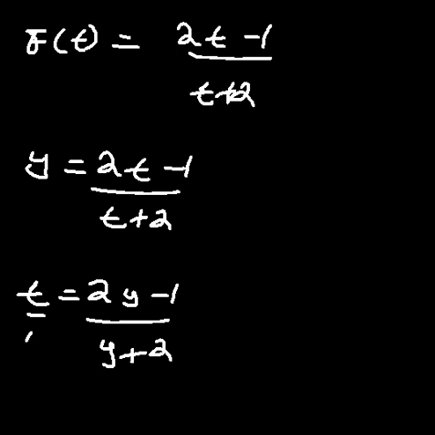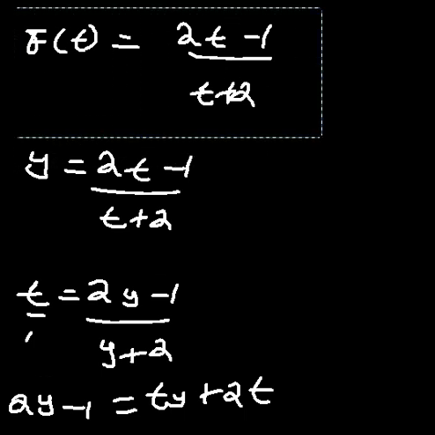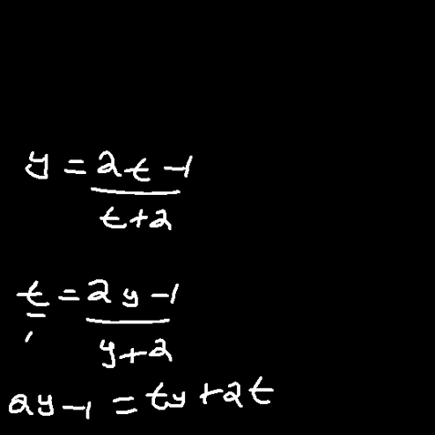And by cross multiplication, we have 2y minus 1, which is equal to ty plus 2t. And this is the same as having 2y minus ty. We just have to bring those terms with y together.